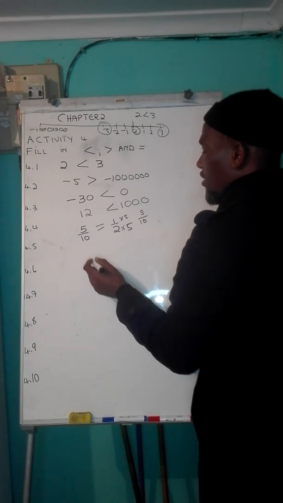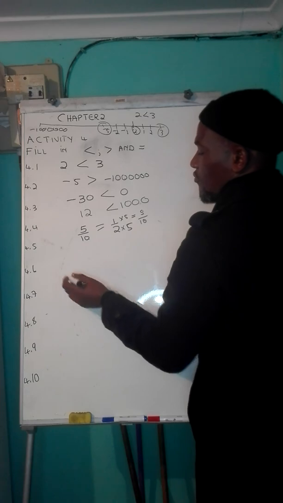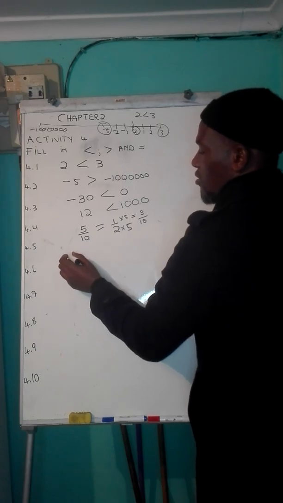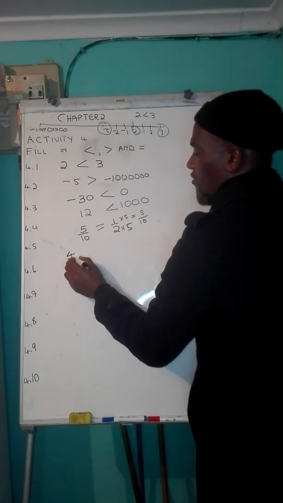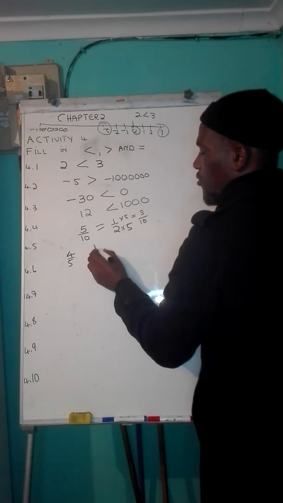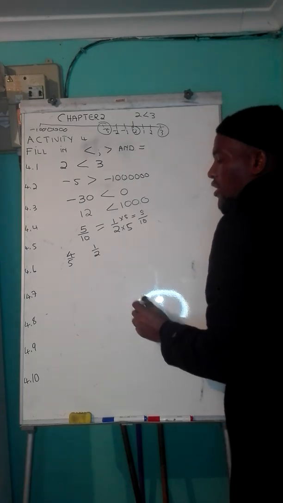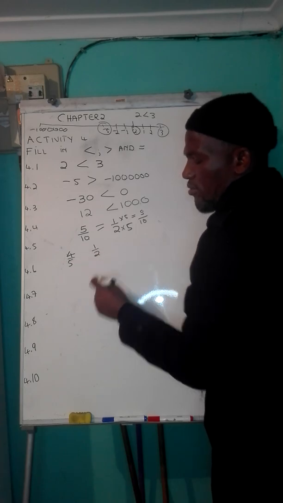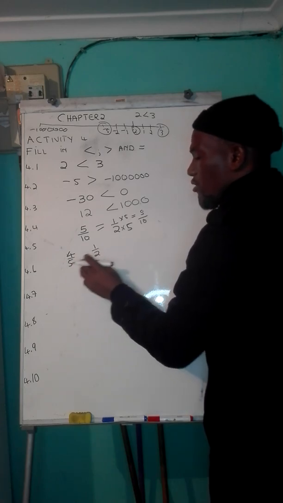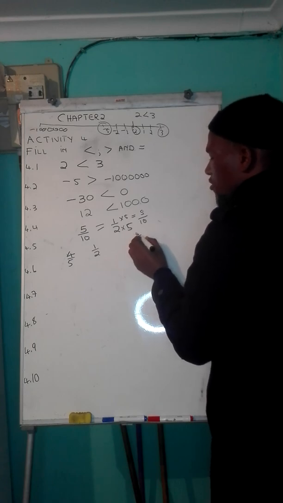Let's say I have 4 over 5 and 1 over 2. Okay, what I need to do now is make the denominators 5 and 2 the same number. This is 4 over 5.